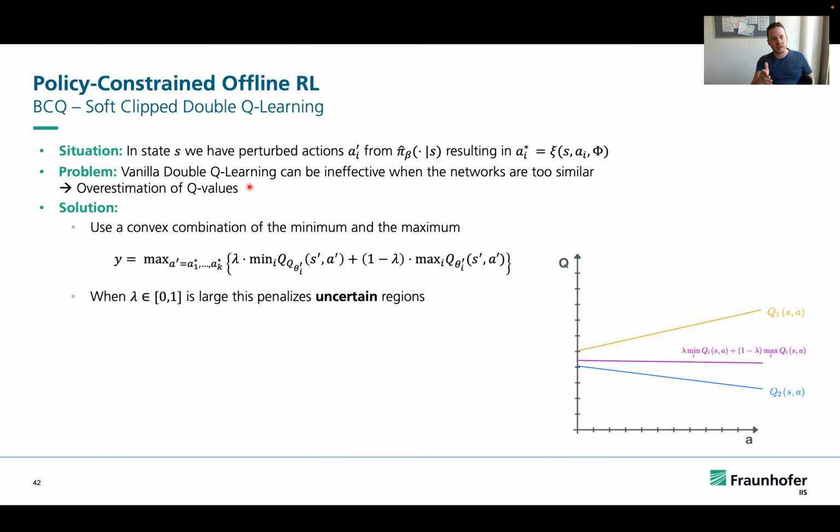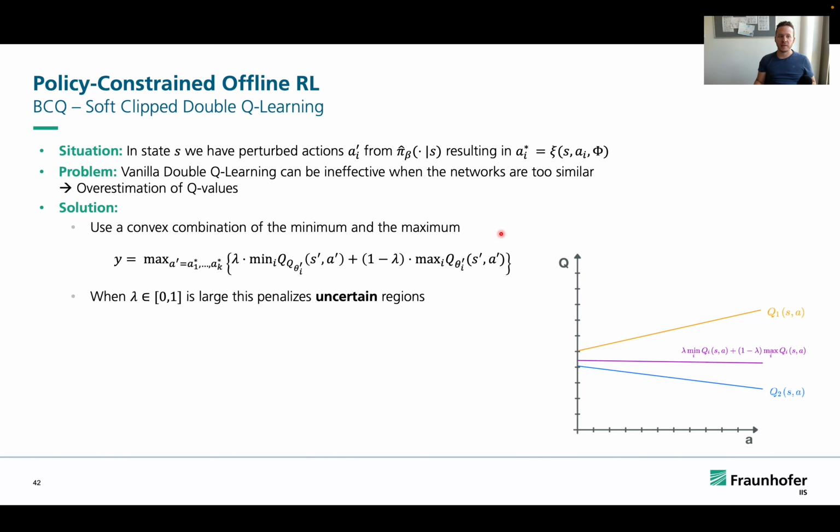However, they have seen in this paper that at points, especially in the supervised setup, the two networks that we usually have become too similar. And if the networks become too similar, the idea of double Q learning doesn't really work anymore. The idea here, it's only a minor contribution, is just to use a convex combination between the minimum and the maximum Q function.